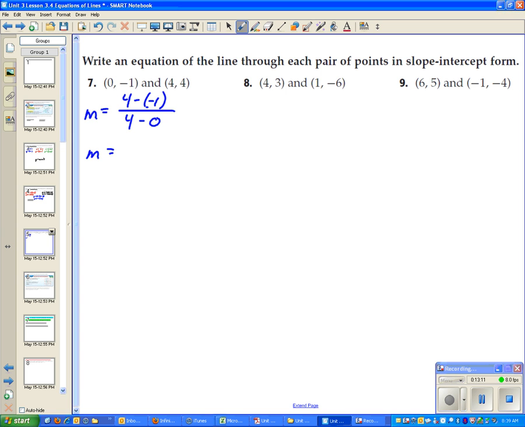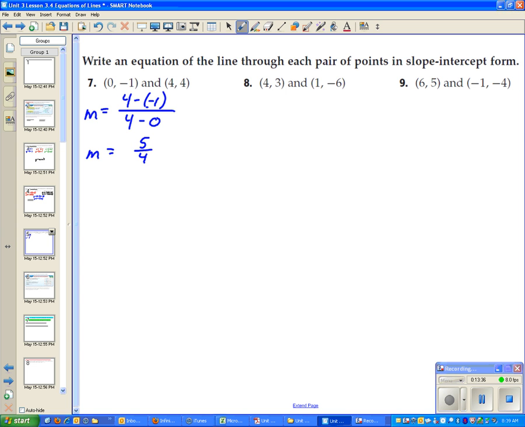So the slope equals 5/4. So now we know the slope of the line. We need to know either the y-intercept or a point on the line. Well, I do know a point on the line. In fact, I know 2 points on the line.